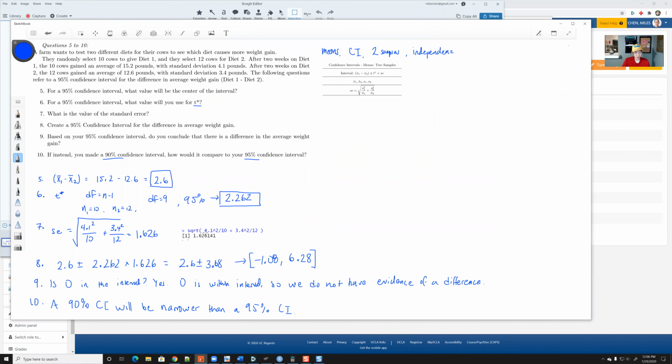The squaring is shift number 6 for a square: 4.1 squared, and then you divide by 10, plus 3.4 squared divided by 12. R respects order of operations, so it's going to do the exponentiation before the division. It's not doing 4.1 raised to the 2 over 10 or something.